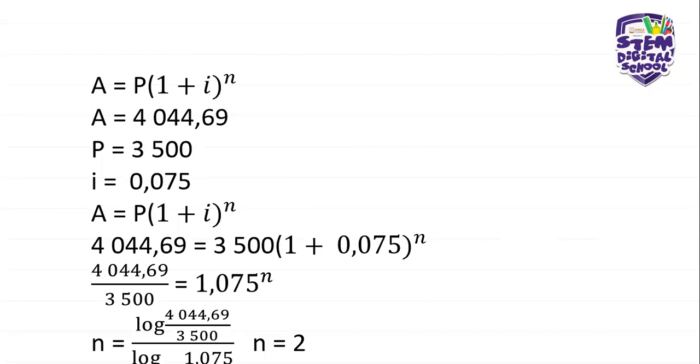So this means that it will take 2 years for an investment of 3,500 rands to grow to 4,044 rands and 69 cents. So it will definitely take 2 years there. So that will be the number of years.